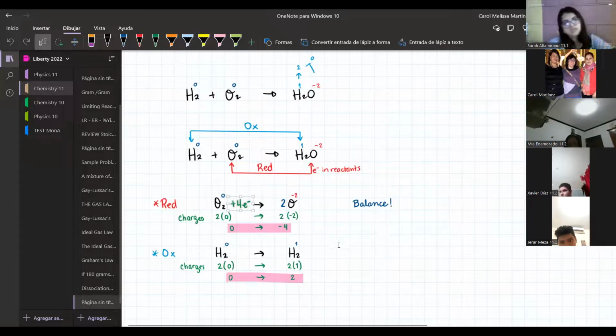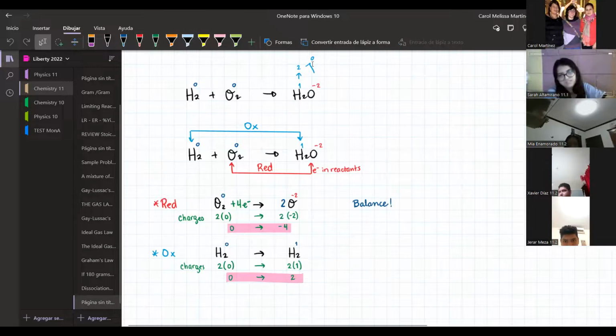Sarah: So, Miss, what is like the key to identify the reducing and the oxidizing? Because I think that is the one that is getting entangled. Okay, the key to identify reduction and oxidation is to calculate the right oxidation states, to know the rules of oxidation numbers, okay? That's key.